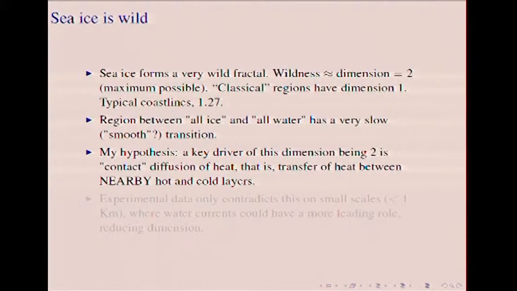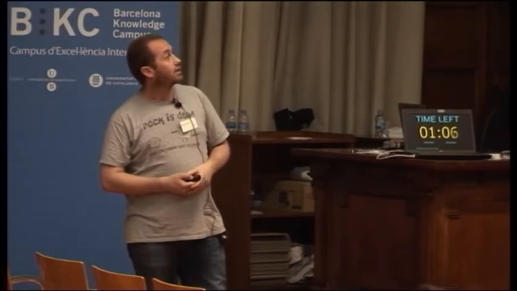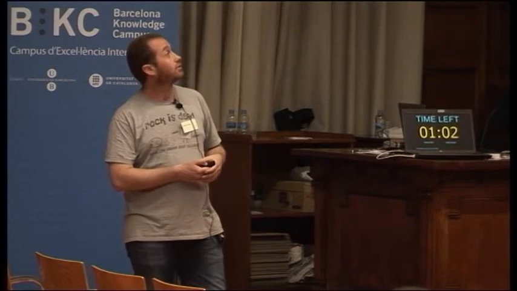The important thing is the heat transfer between nearby layers of ice, and not so much atmospheric or water currents transfer. Experimental data only contradicts this on small scales, less than 1 kilometer, and it verifies this on larger scales, where water currents could have a more leading role, reducing the dimension.